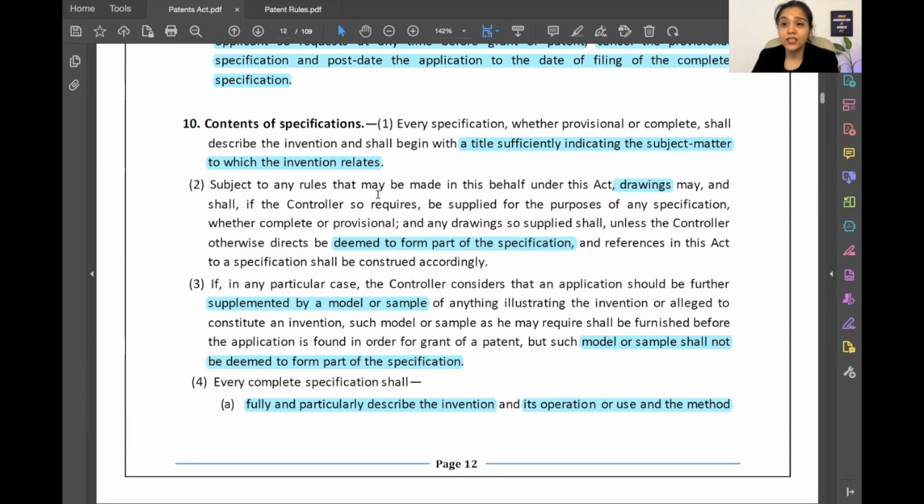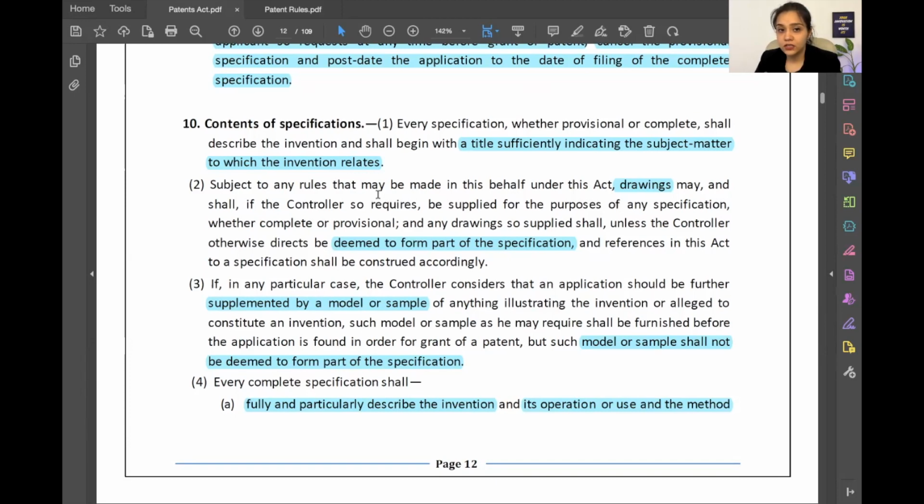So sometimes the question may come, what is the significance of a title? Then you should say that a title sufficiently indicates the subject matter to which our invention relates. So this is one of the important things, and the title has to be there in provisional or complete application. So it has to go in both applications.